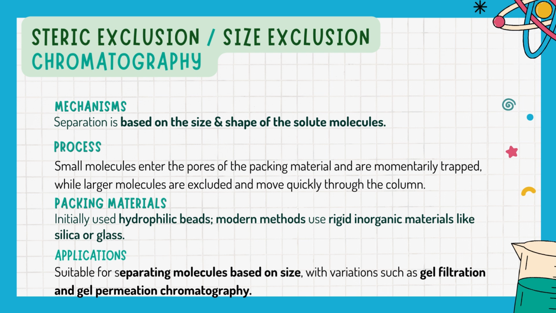Always remember, guys, the mobile phase is liquid in state, and it carries the sample through the stationary phase. The packing materials are usually hydrophilic beads, while modern methods use inorganic materials like silicates, silica or glass. Largely, its application is for separating molecules based on size, with variations such as gel filtration and gel permeation chromatography.